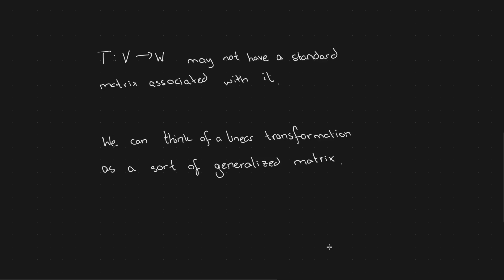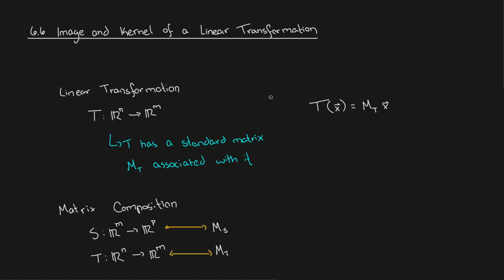So even when a matrix won't work, linear transformations may. And it turns out a lot of the properties that we are familiar with for matrices can be applied to linear transformations. In this section, we will explore some of these.